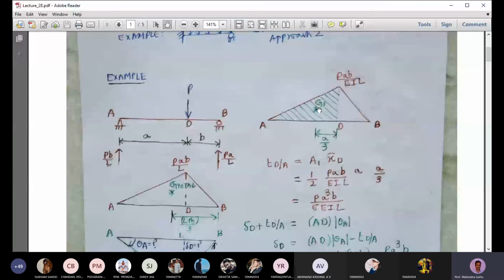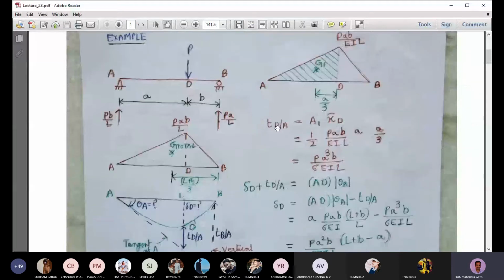Let's call the centroid G1. Since the vertical line is drawn at D, we have to find the distance of the centroid with respect to that vertical line. It is at A by 3 from this vertical line drawn at D. So the vertical deviation of D with respect to the tangent drawn at A is A1 times x bar D. The area under the curve has base A and altitude P A B by E I L.